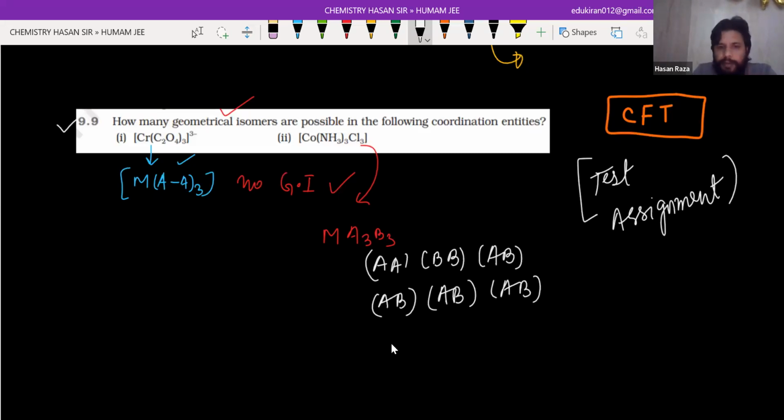And then how can you take AB, and is there any possibility? So with two different arrangements, we can get two geometrical isomers. I told you when this type of compound forms, you have two types of geometrical isomers: one is facial and another is meridional.